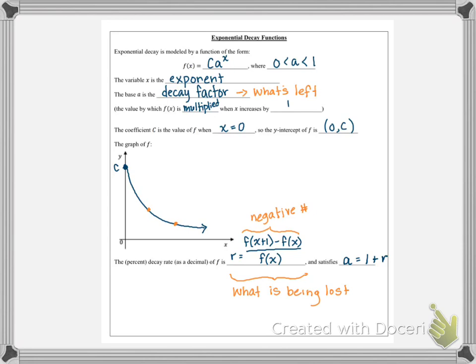That's what I'm losing every month. But my decay factor is 0.9. That's because my function would calculate the value of the car. And so we want to find what's left after each month. We don't want to find what we lost after each month. So I take the 100% value that I started with, take away what I'm losing, and that leaves me with the 90% that's left. And so that's my decay factor. That's what you're multiplying by, is what's left of the 100%, not the part that you're losing. Questions?